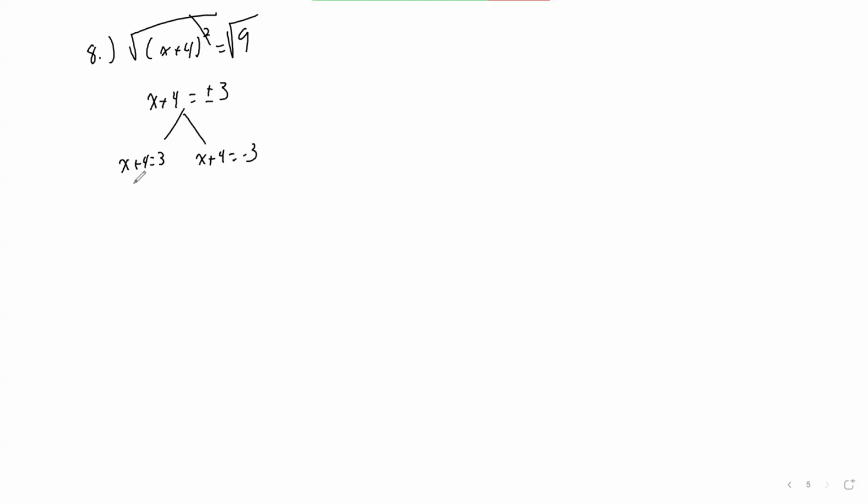So the opposite of adding 4 is subtracting 4. So 3 minus 4 is -1. And then we'll subtract 4 over here. So -3 minus 4 is -7. And there you go.